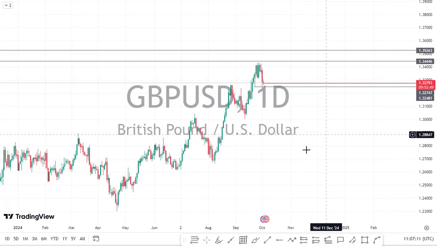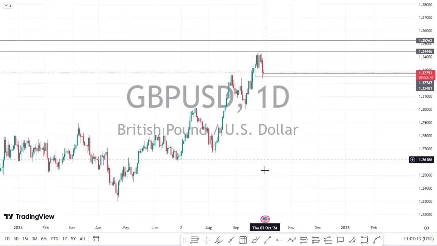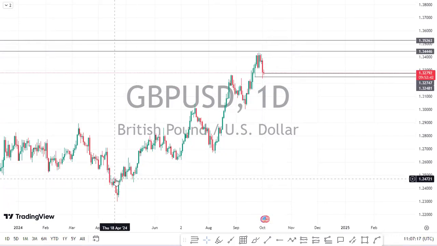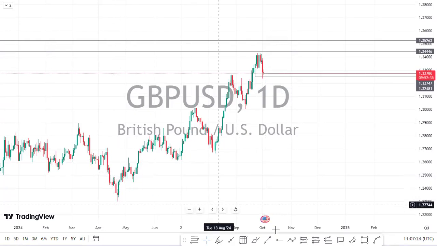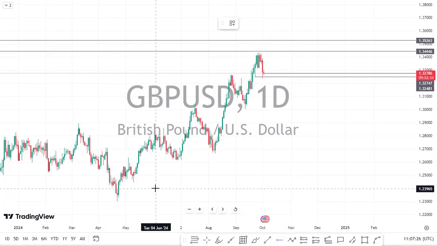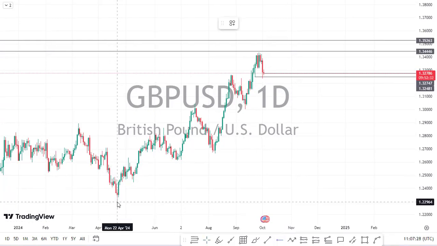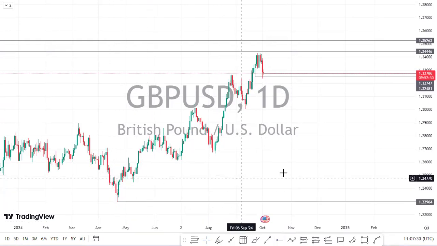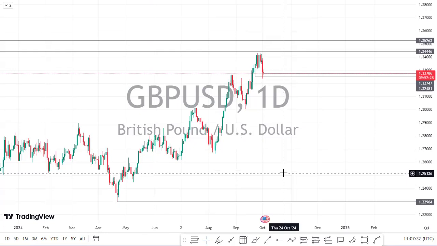Now we can see clearly that GU is bullish. It has been bullish since April 2024. So this is where we take off, that's our swing low where we take off.